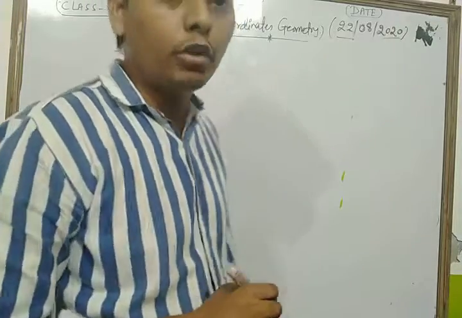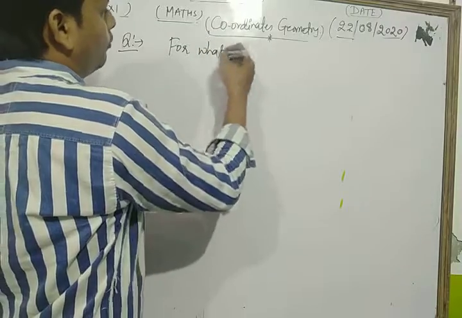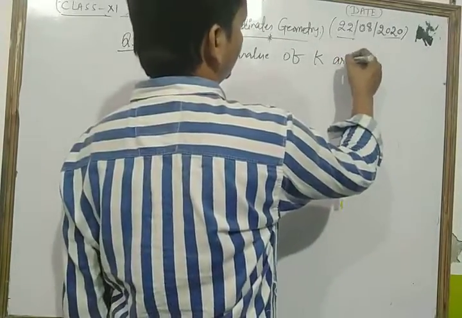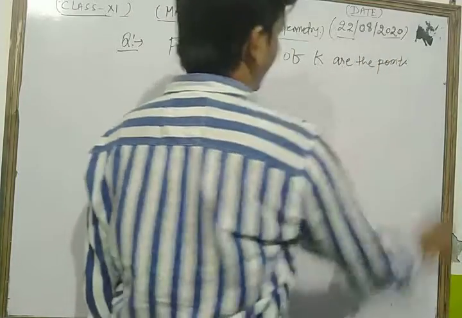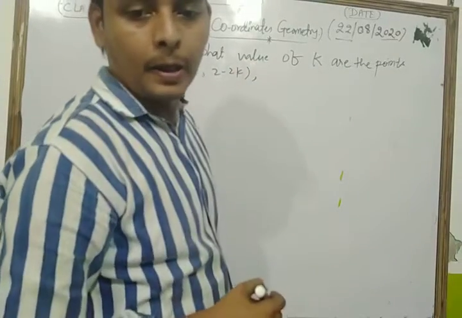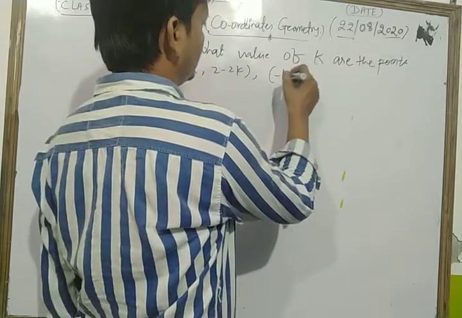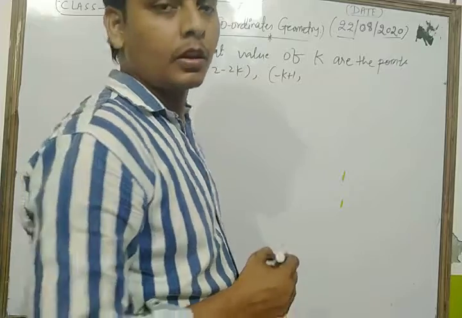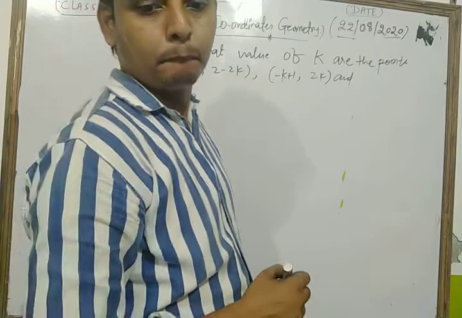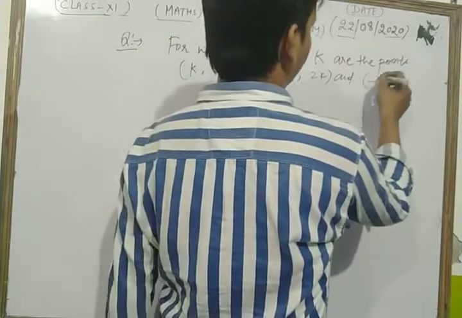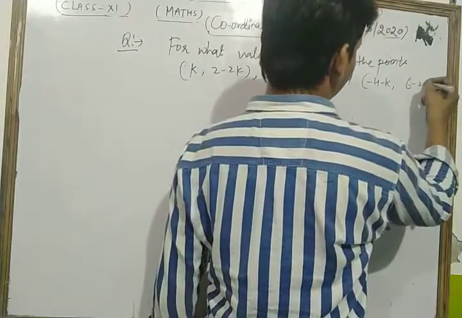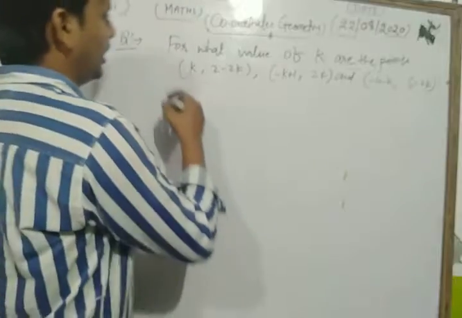Dear students, for what value of k are the points (k, 2 minus 2k), (minus k plus 1, 2k) and (minus 4 minus k, 6 minus 2k) collinear?